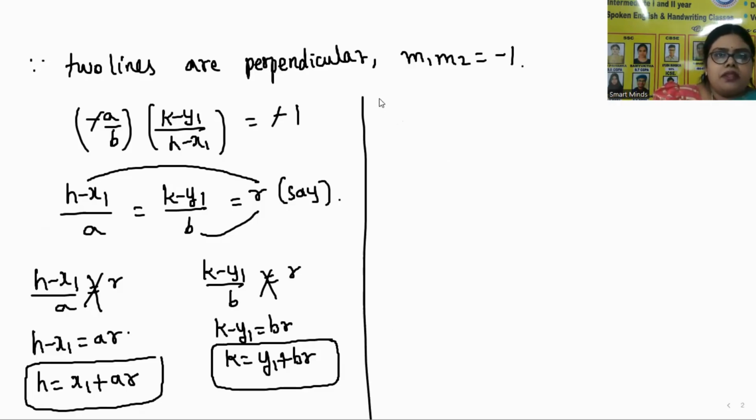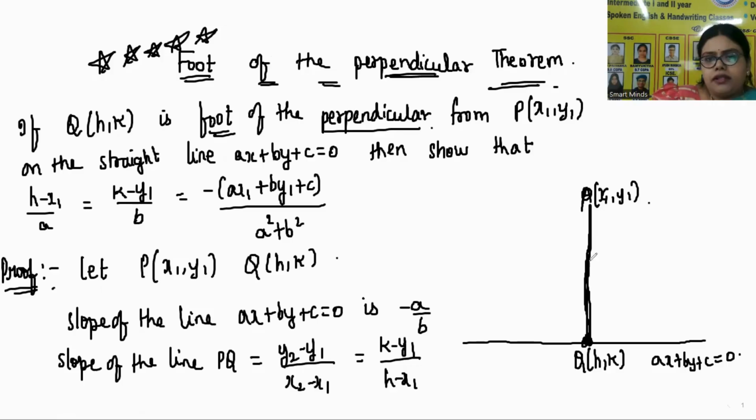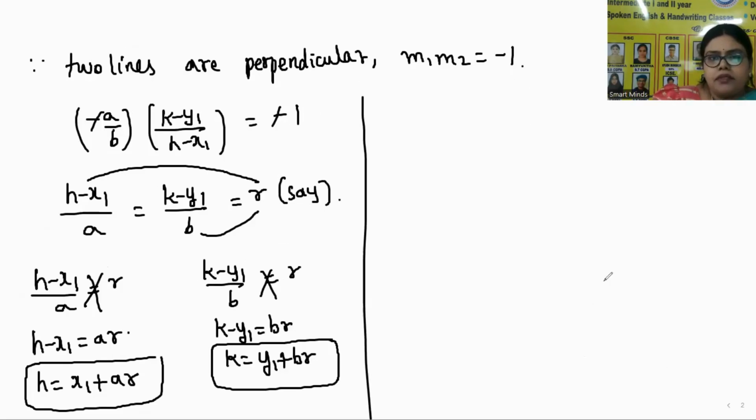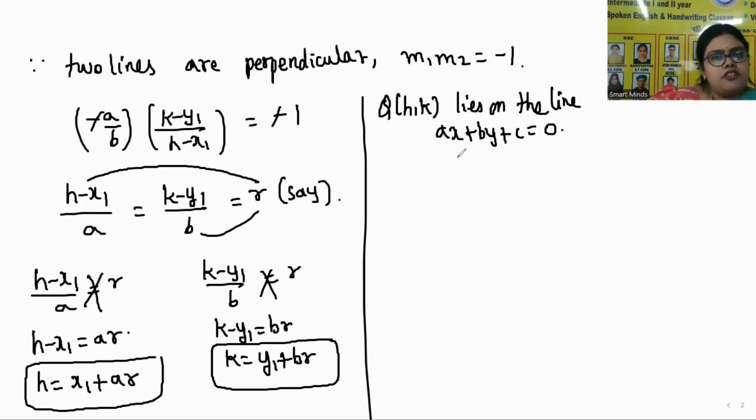Now if you look at the figure, this point Q lies on the line, right? So Q(h, k) lies on the line ax + by + c = 0, which means in the place of x and y, we put h and k. So ah + bk + c = 0.